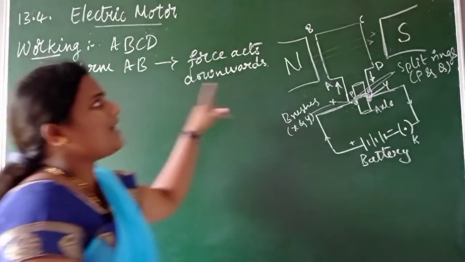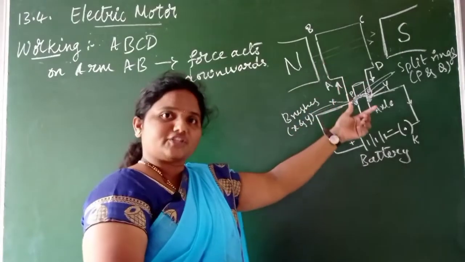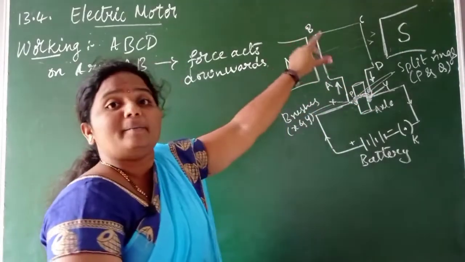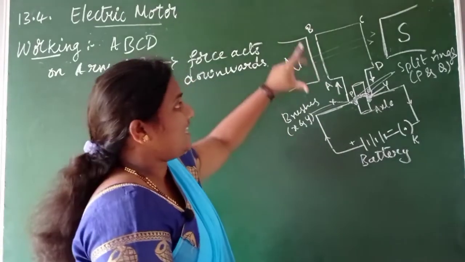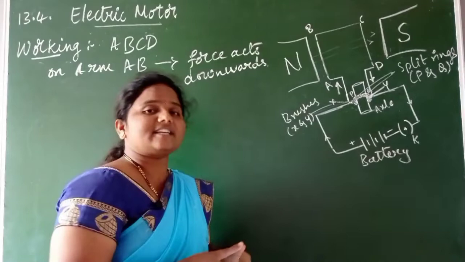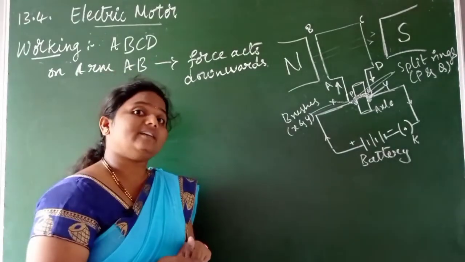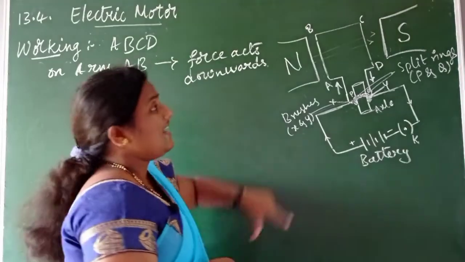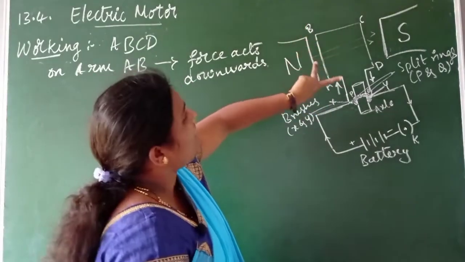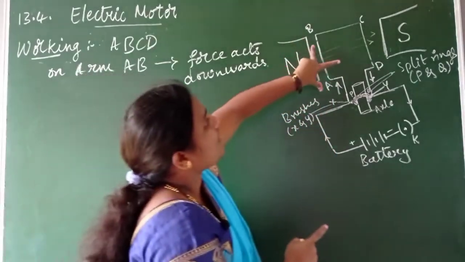That is by applying Fleming's left hand rule, children. In order to know the direction of the force on this coil, we have to apply Fleming's left hand rule. The thumb gives the direction of the force, the index finger gives the direction of the magnetic field, and the middle finger gives the direction of the current. In this case, the current in the arm is moving upwards, no children? Yes, because of that we keep our middle finger upward.